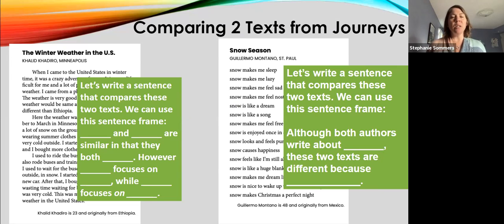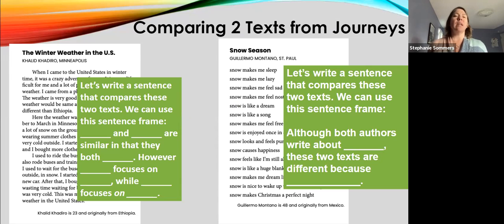So a sentence frame: blank and blank are similar in that they both talk about winter. However, winter weather focuses on one person's experience coming to Minnesota, while snow season focuses on how the weather makes one feel, for example.